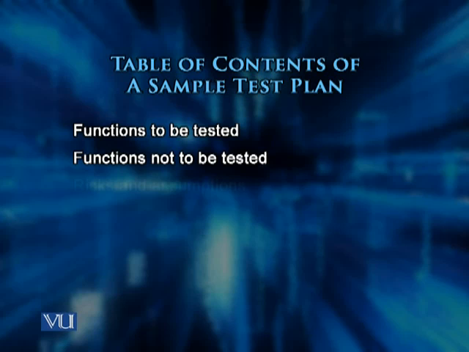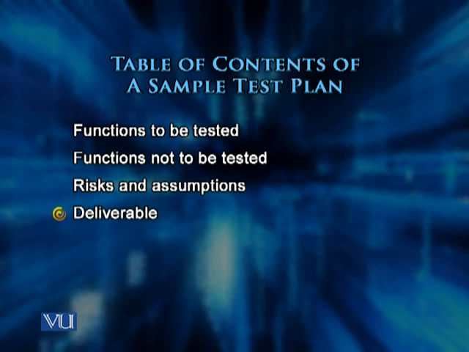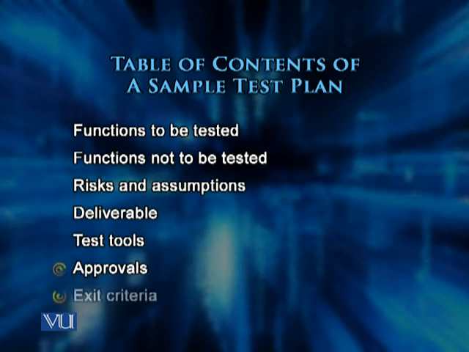Then there is a section on risks and assumptions. Then there's a section on deliverables, test tools. Then you have a section on approvals, and finally a section on exit criteria. So now let's discuss each of these sections and see what is contained in them.